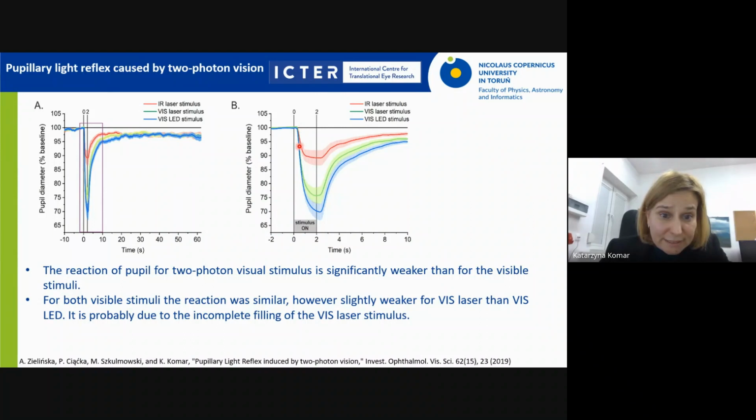And we found that the reaction of the pupil for 2-photon visual stimulus is significantly weaker than for both visible stimuli. And for both visible stimuli, the reaction was similar. However, it was slightly weaker for the laser stimuli than for LED stimuli.